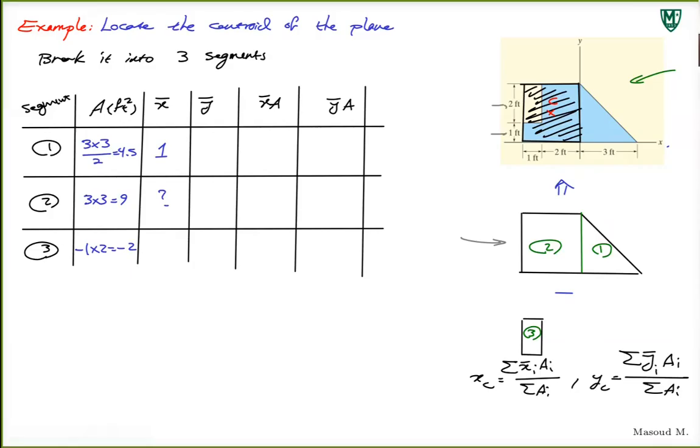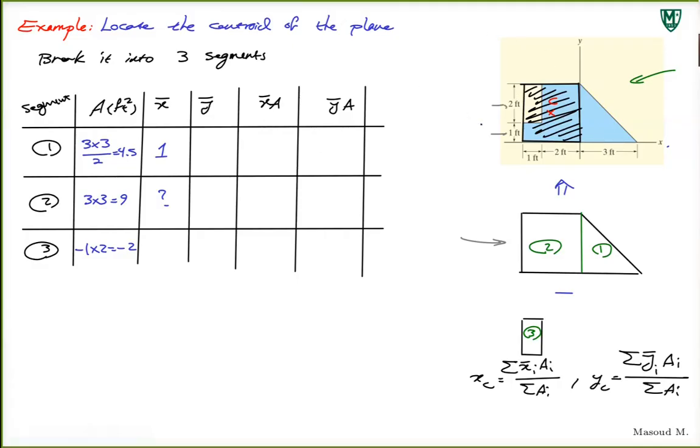Segment 2 is that 3 by 3 area, right? What is the coordinate of the centroid for this area in this XY coordinate frame? Would it be 1.5, right?